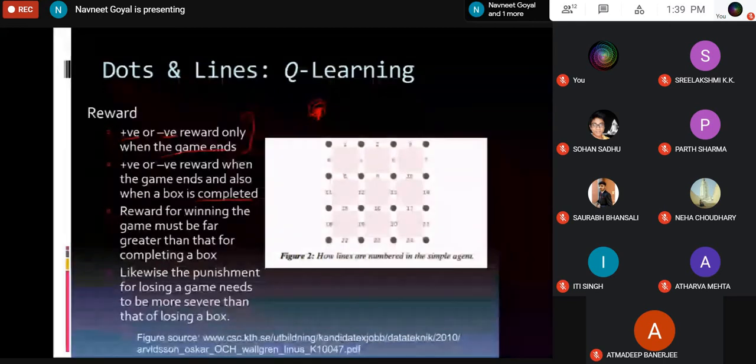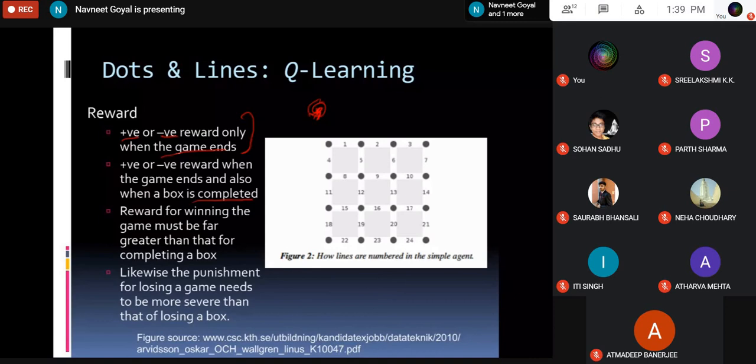So there are a lot of things that you can relate to game playing, any kind of game. Likewise, the punishment for losing a game needs to be more severe than for losing a box. Same kind of things here. So this talks about the reward aspect. Okay, it's not moving. I don't know what is wrong.